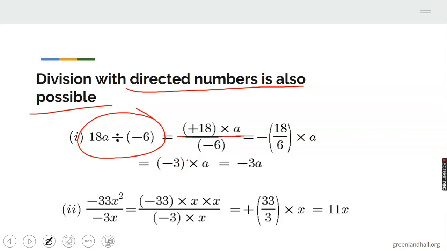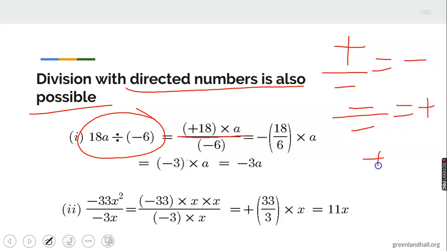Also take note, plus divided by minus equals minus. Minus divided by minus equals plus. Plus divided by plus equals plus. Take note of that. Now, look, we have plus divided by minus. Look at it here, it's minus. That's why you have this minus here.